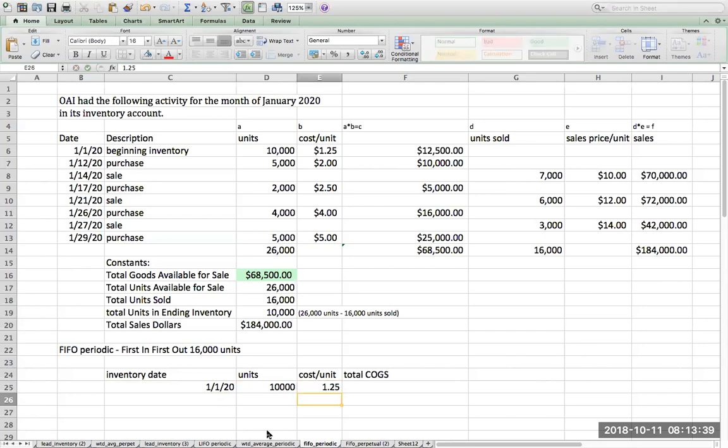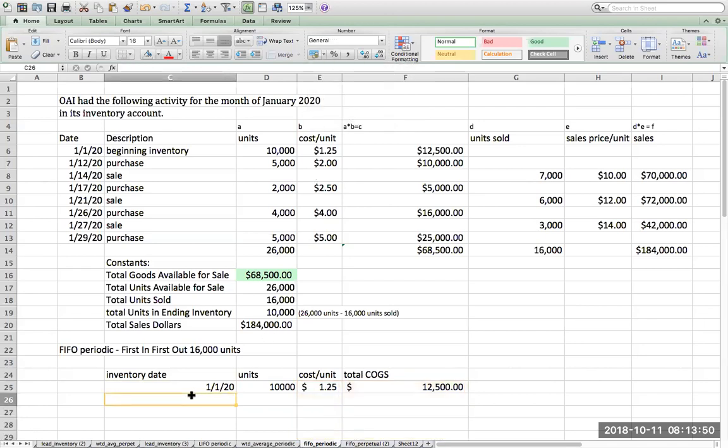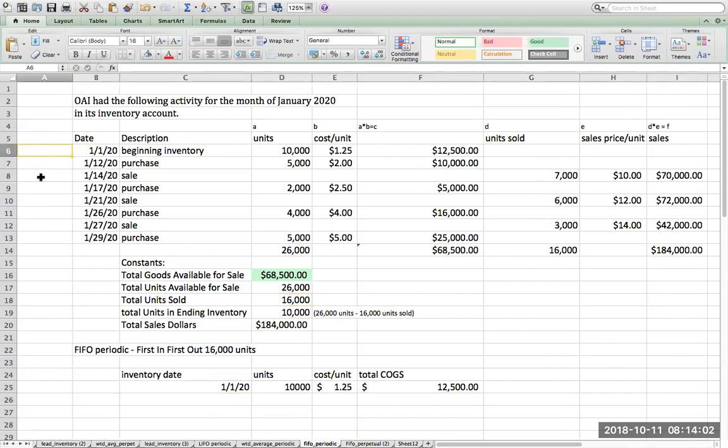My cost per unit is $1.25 per unit for a total amount here of 12,500. I need to take a total of 16,000 units to my cost of goods sold. So once I have this, I've got to remove these 10,000 units.